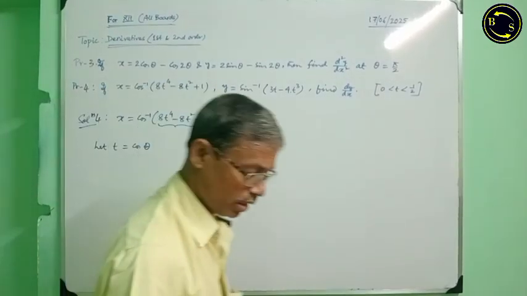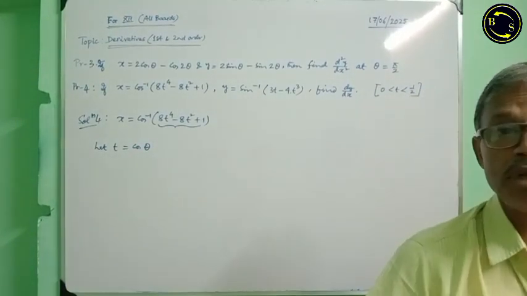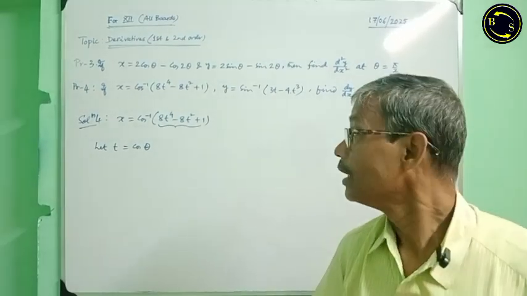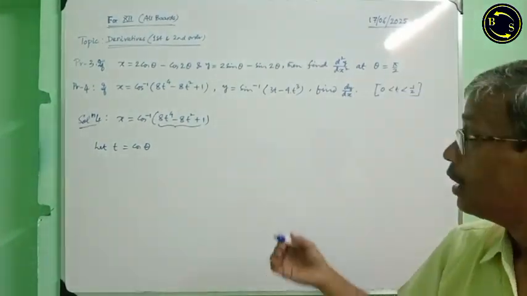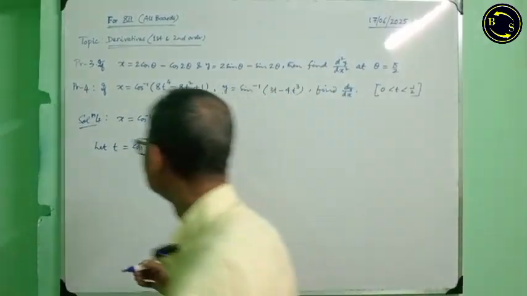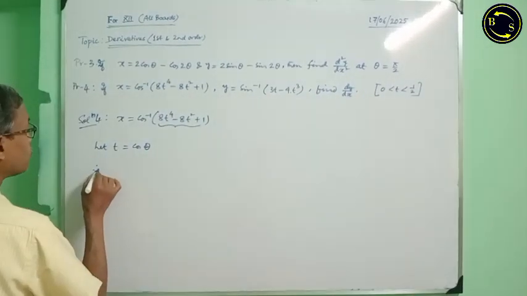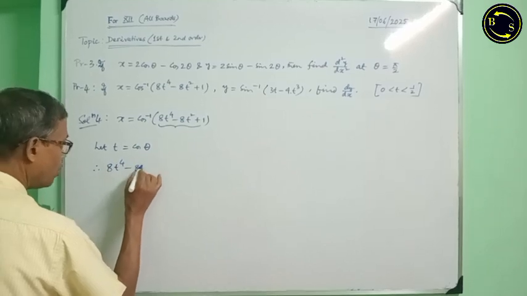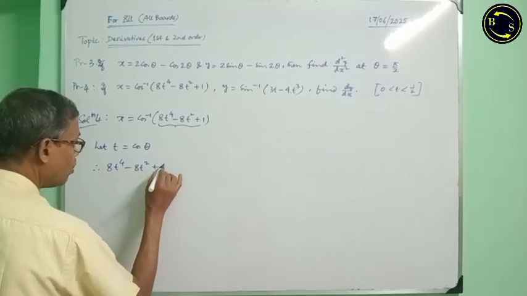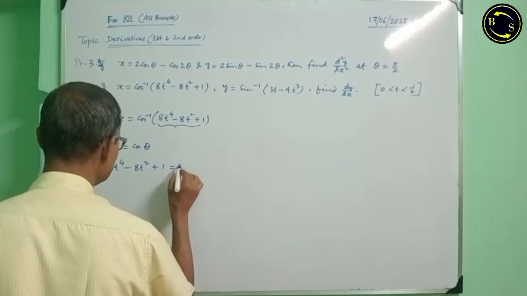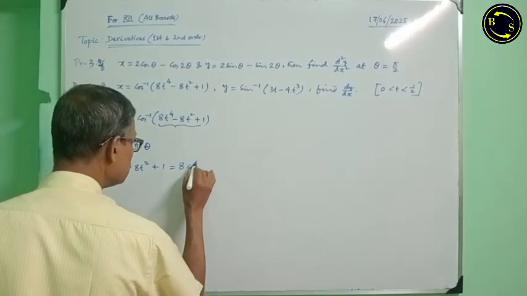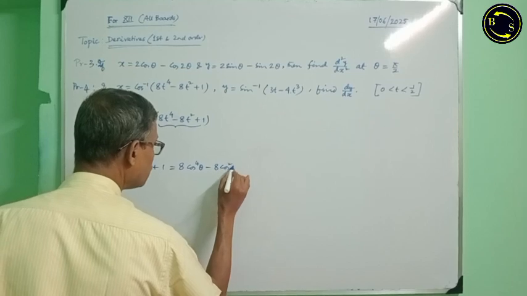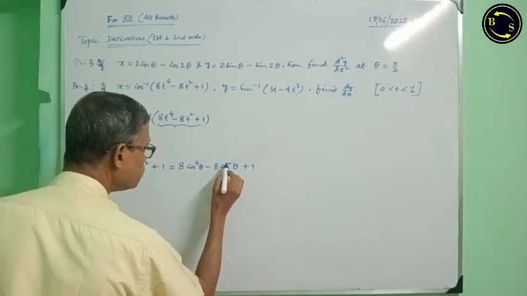Actually, in multiple angle we have a formula. I first deduce that. Therefore, eight cos square theta plus 1.